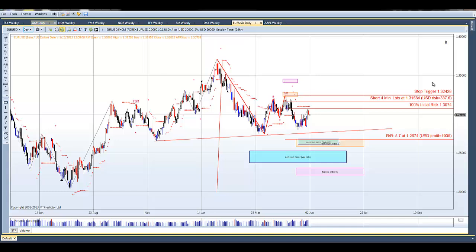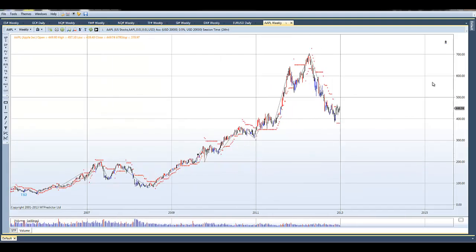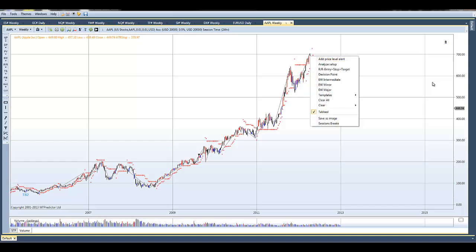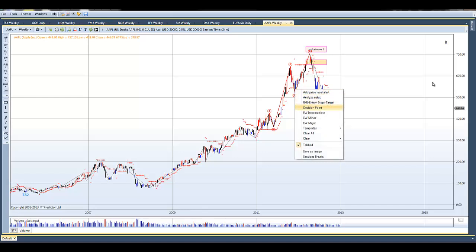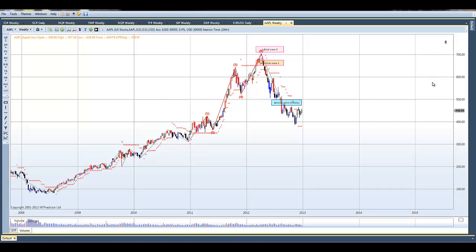And then let's go to Apple on the weekly chart. So again, Apple went wave 5 up. We expected that it would correct back to the wave 4 DP here. It obviously did that, but this wave 4 DP has given way. And so we're going to look at wave 1 here and go back to the bottom of wave 1.